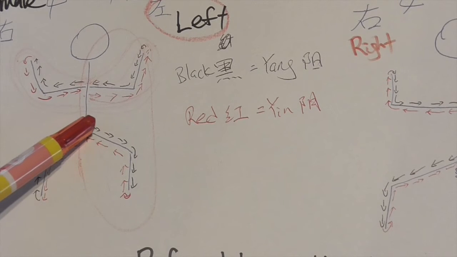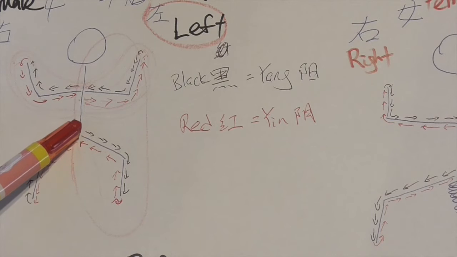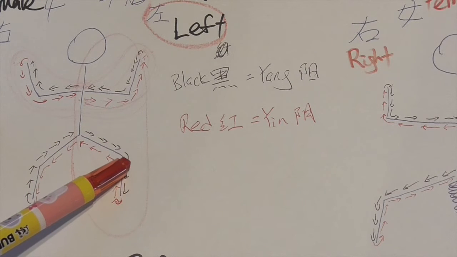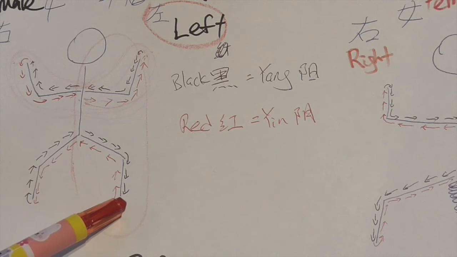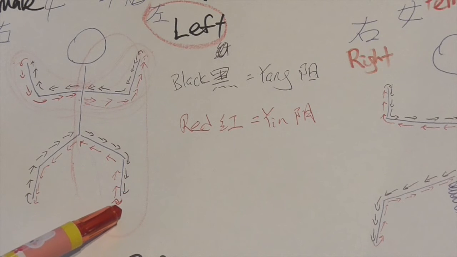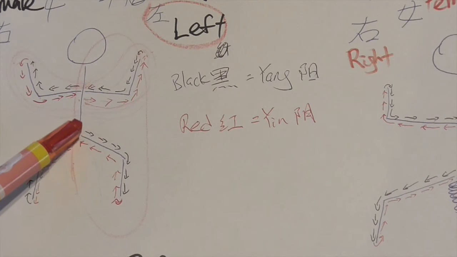The yang meridian from the top head down to the trunk, and then go down to the feet. You see the direction, and the yin, 3 foot yin from the foot, go up to the trunk.